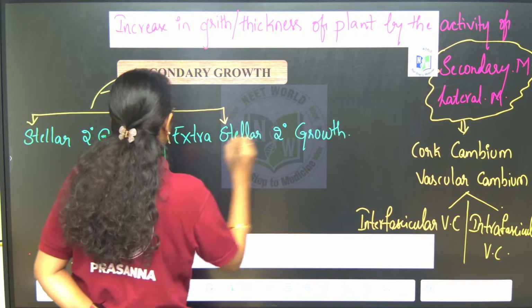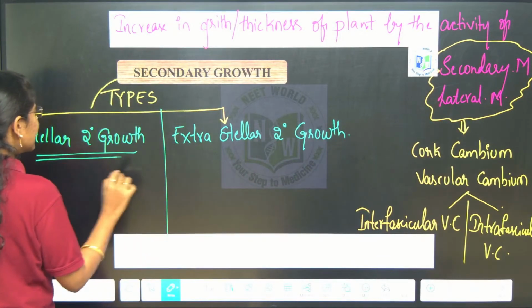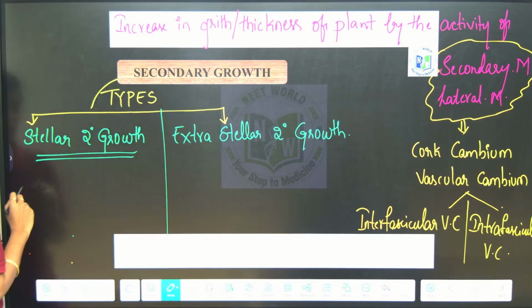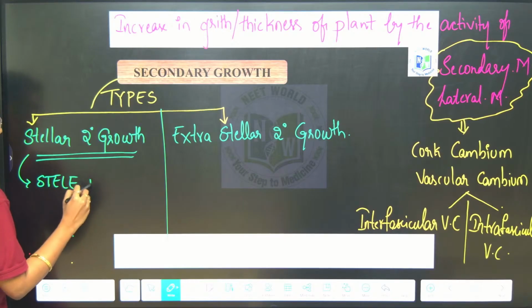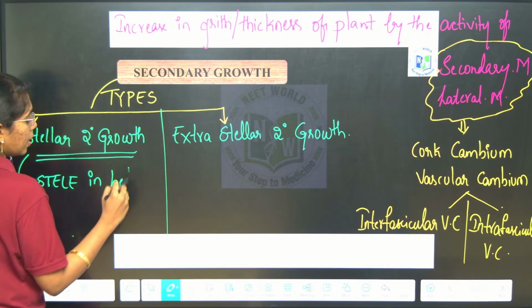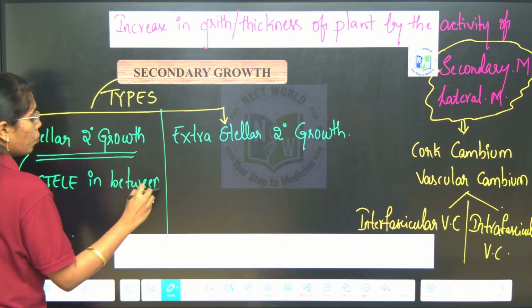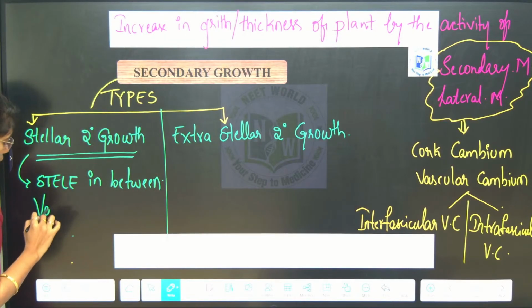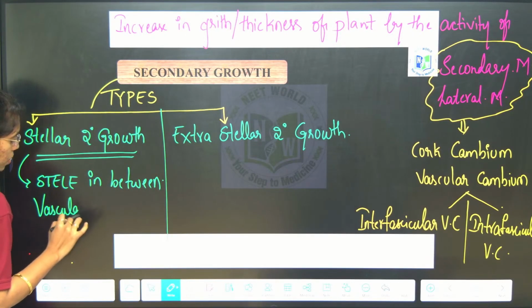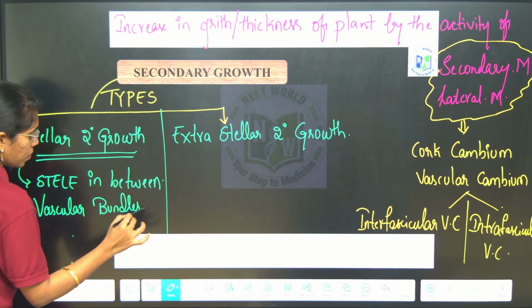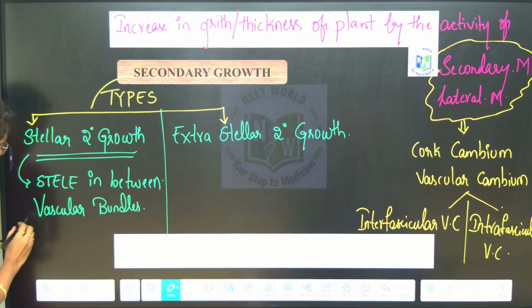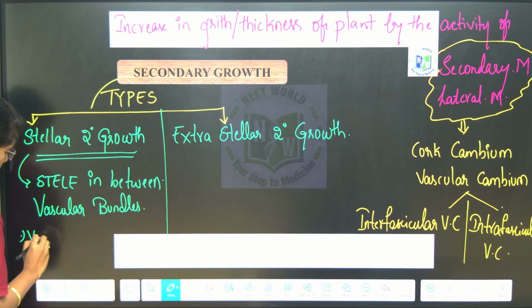Stellar secondary growth occurs in the stele region in between vascular bundles, by the activity of vascular cambium.